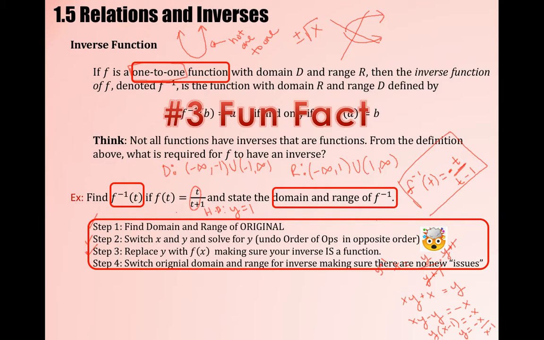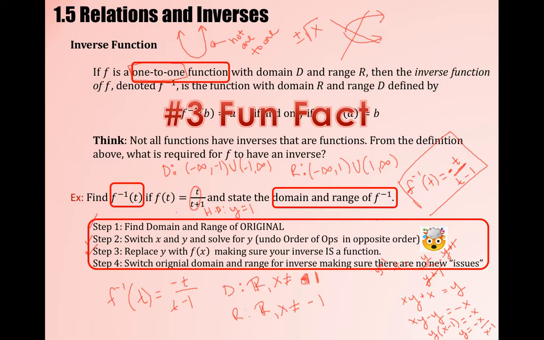Okay, so now I'm going to rewrite it. F inverse of t equals negative t over t minus 1. So let's see, my domain should be all real numbers, but x cannot equal -1. I'm sorry, x cannot equal +1, right? I'm switching them. My range should be all real numbers, but x does not equal -1.